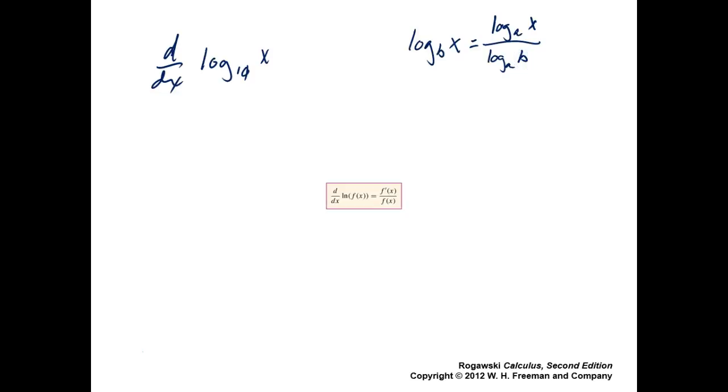Now that seems like a strange thing, doesn't it? But you're changing from base B to base A. You take the log base A of x, the upper part, and divide it by the log base A of the lower part, which is B. It's a strange way to look at it, but that is what you got.